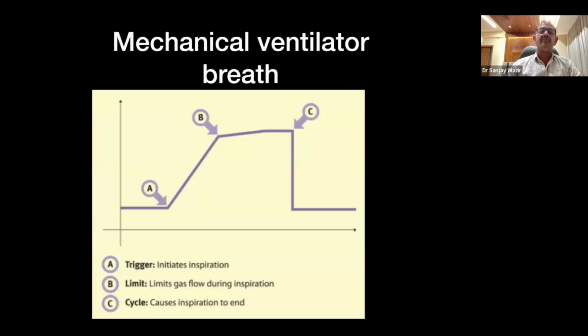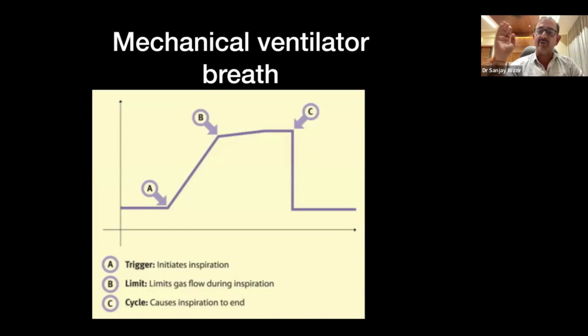Whenever you talk about a mechanical ventilator breath, there are three things that one must understand. One is what triggers the breath. The ventilator has to sense, or be told, when to start: this is the time, please start the breath. But the ventilator also needs to be told, this is your limit beyond which you should not give, because if you leave it limitless, it can cause more damage.